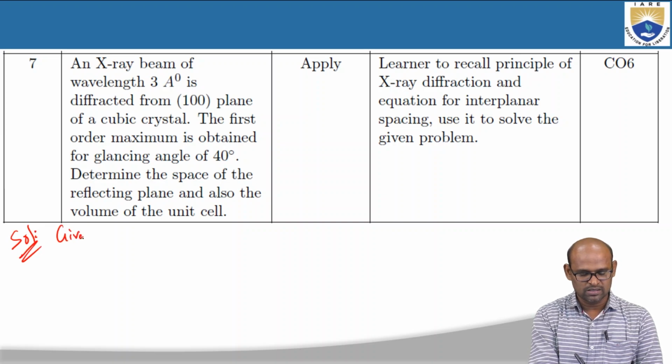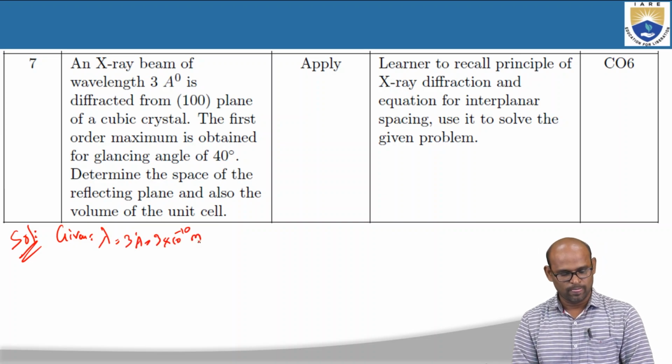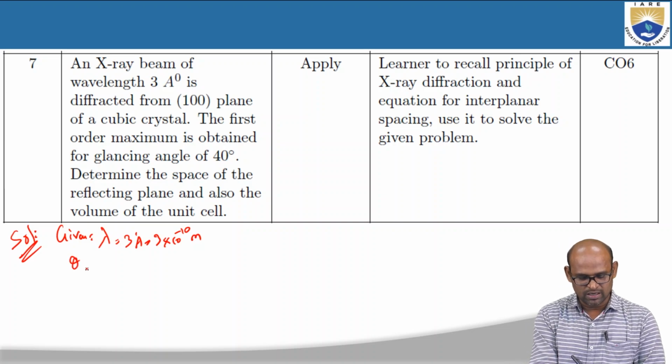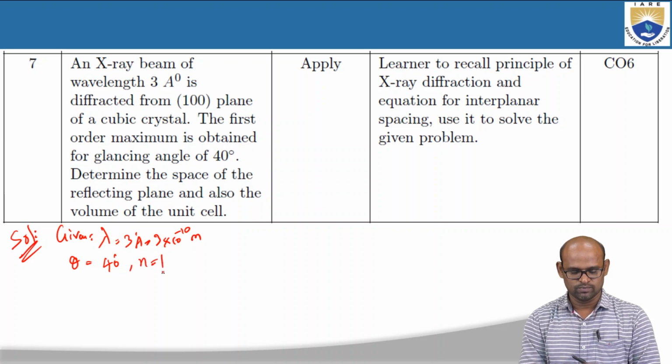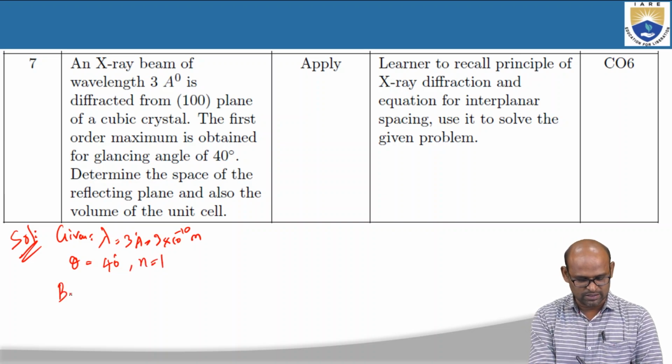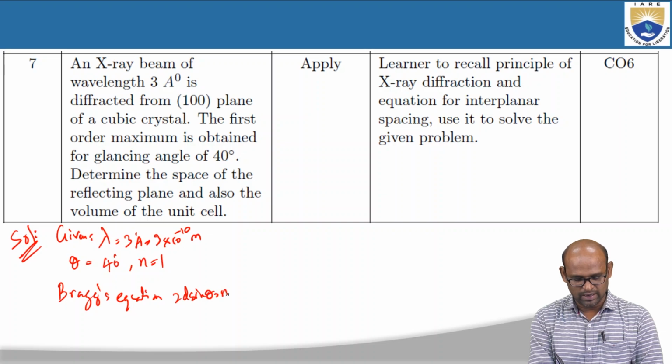So they have given us wavelength lambda 3 angstrom. So that is 3 into 10 power minus 10 meters. Then they have also given us the diffraction angle theta of 40 degrees and also first order diffraction, so order is 1. So first we are going to use Bragg's equation. Bragg's equation is 2d sin theta is equal to n lambda.